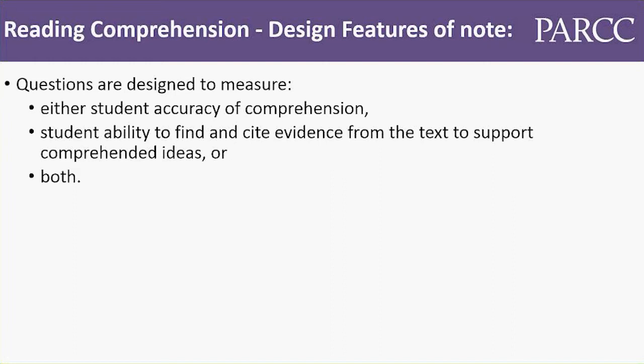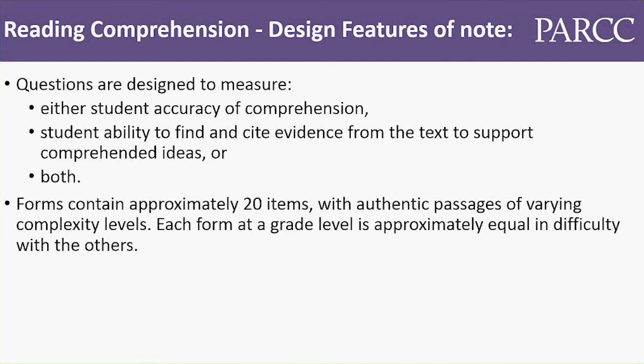When a student is unable to cite evidence from the text to support the ideas for which they are able to comprehend, that close reading skill set becomes absolutely essential. So having that diagnostic information available to the teacher really will allow the teacher to make some better choices as they're designing classroom instruction to support grade level standards instruction for reading comprehension.